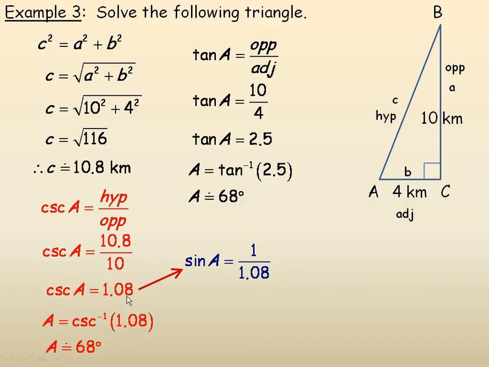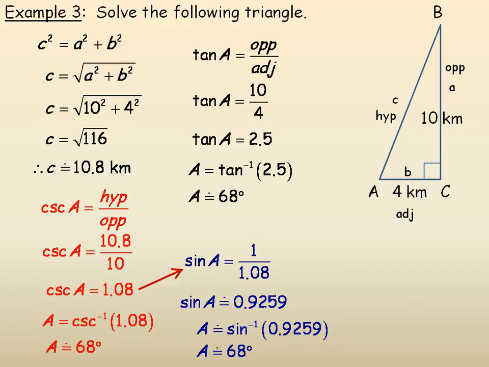So since it's a reciprocal, the sine of the angle should be 1 over 1.08, or the reciprocal of 1.08. So I would change this to a decimal, and then I would take my calculator and find the inverse sine of 0.9259. And again, the calculator would tell you it's 68 degrees.